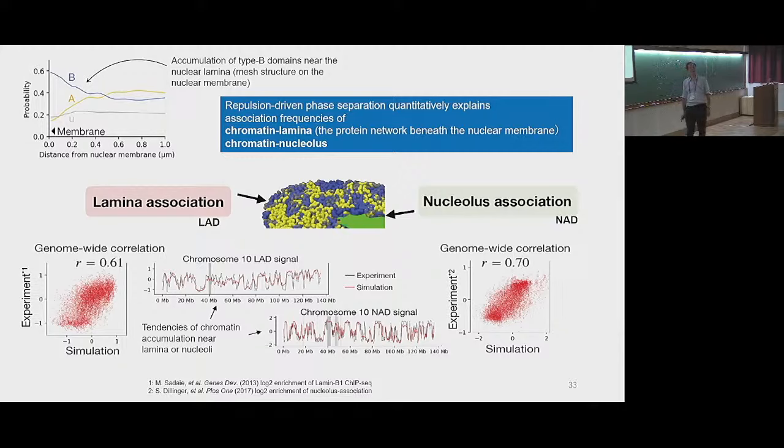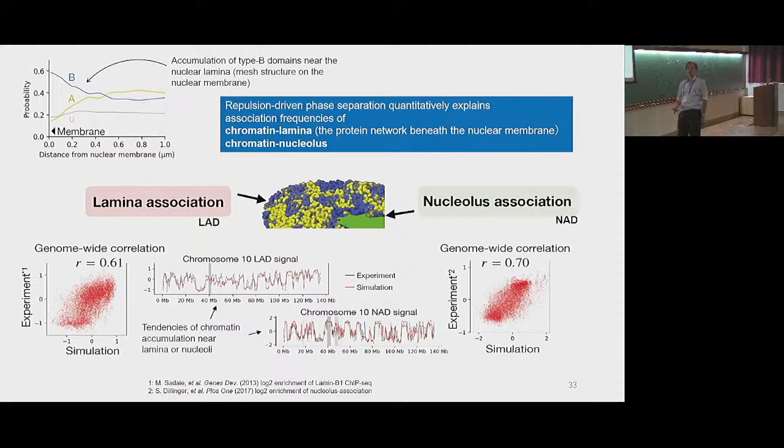So we propose that lamina tethering or nucleolus tethering is just stabilizing the chromatin that travels along the micrometers to come there. When they reach there, they are stabilized by the tethering factor.